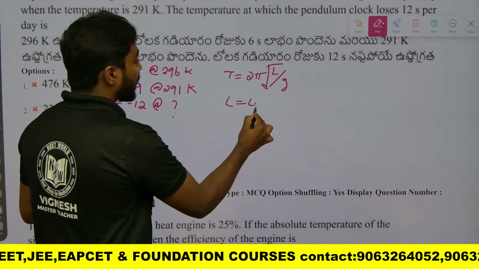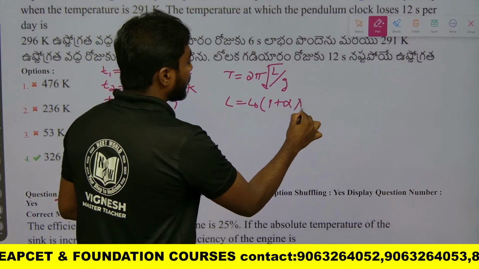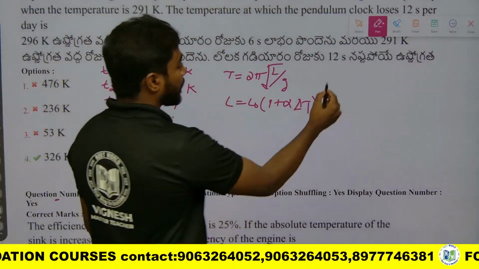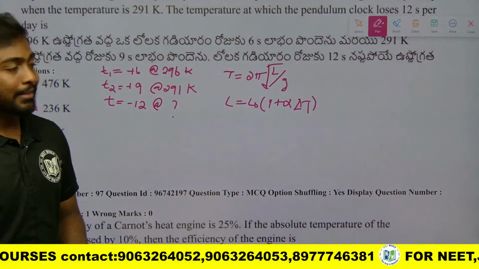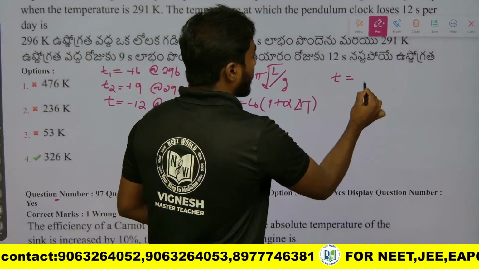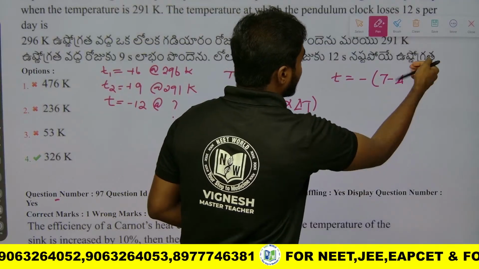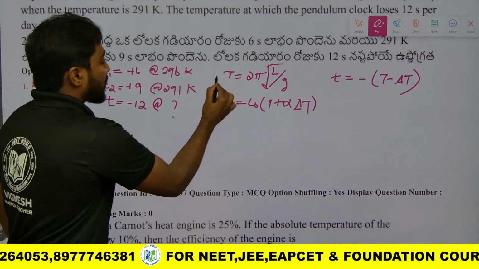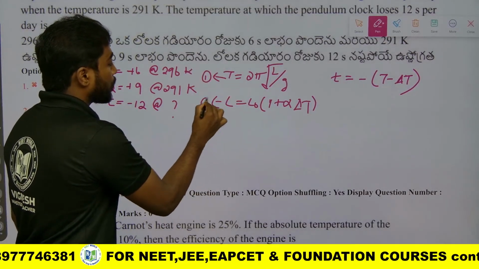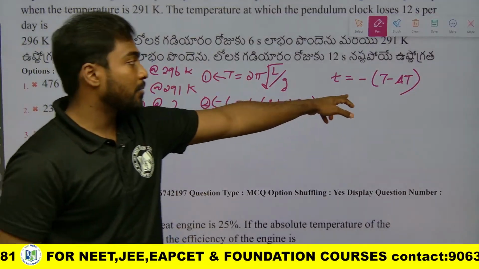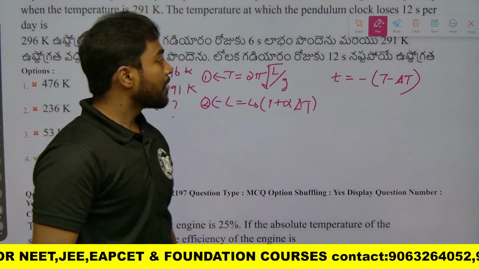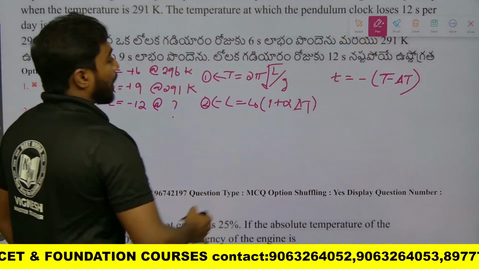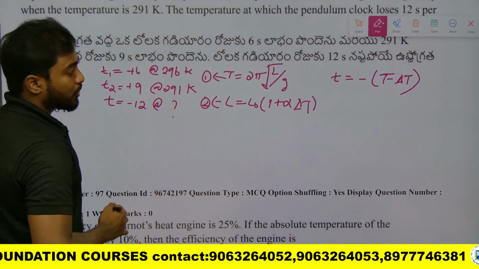So L is equals to L naught into 1 plus alpha delta T. Okay, by these two formulas, like equation number 1 and equation number 2, if I analyze, I'll get the formula T is equals to minus T minus delta T. Okay, so now the ratios I can take, no, ratios.